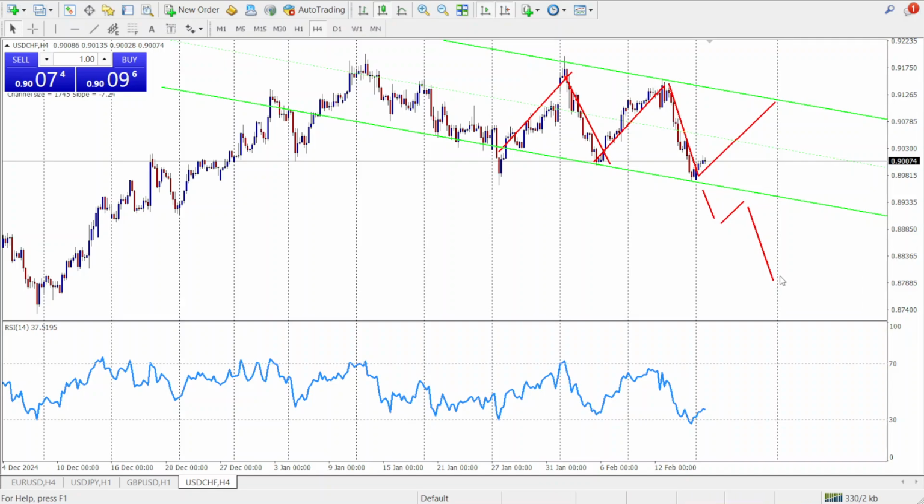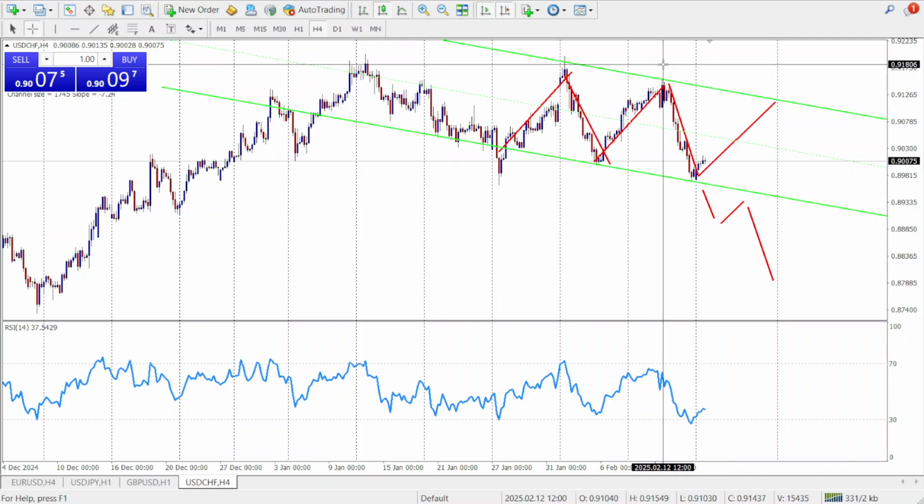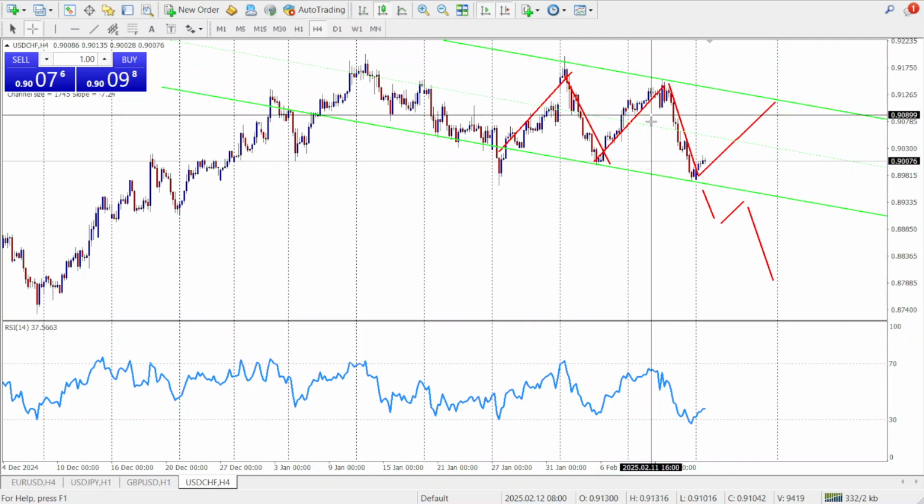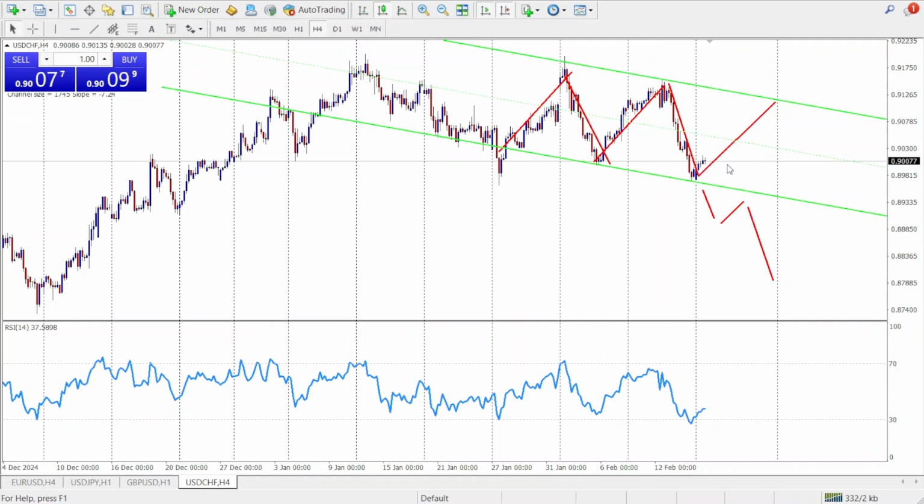Now let's talk about reversal trading. If price consistently rejects the upper or lower boundary of a channel, it could indicate a reversal is coming.